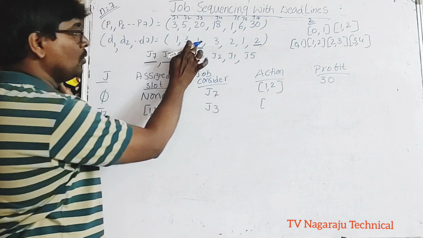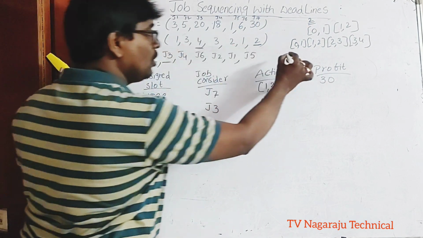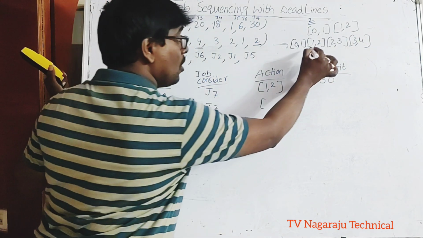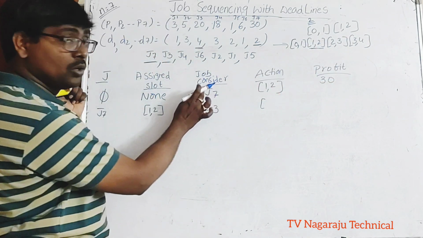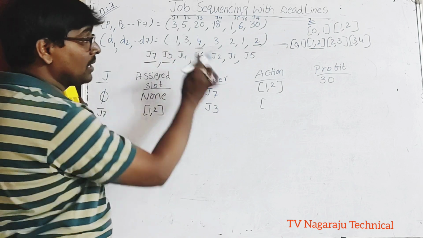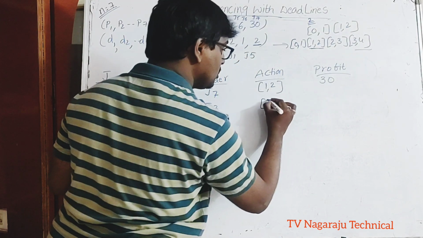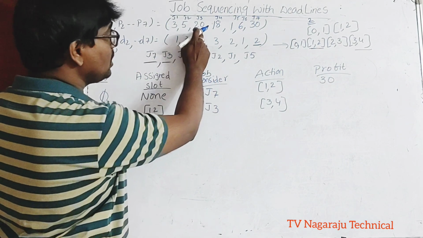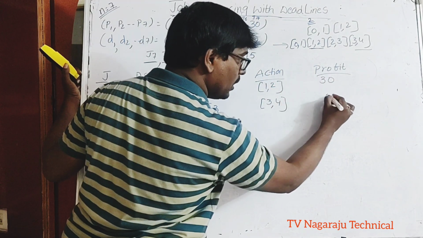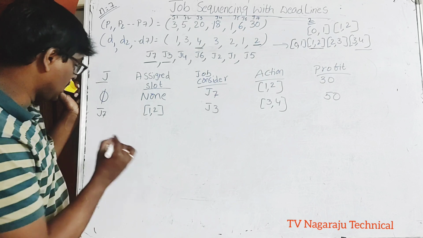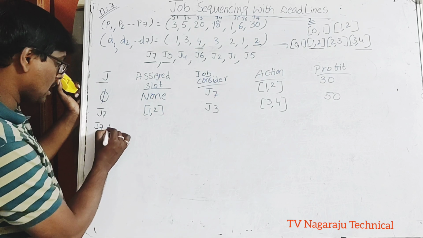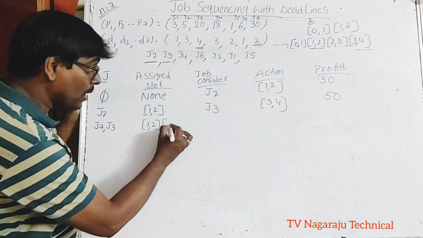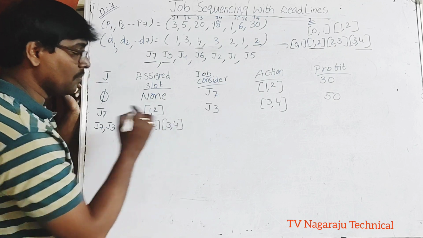In my example, the maximum deadline is 4, so these are the possible 4 slots. Anyway, 1 to 2 is already utilized by J7. Now for this I am using the last slot, 3 to 4. What is the profit for J3? 20. 30 plus 20, the value is 50. J7, J3. Now what are the slots that are completed? 1 to 2, 3 to 4.